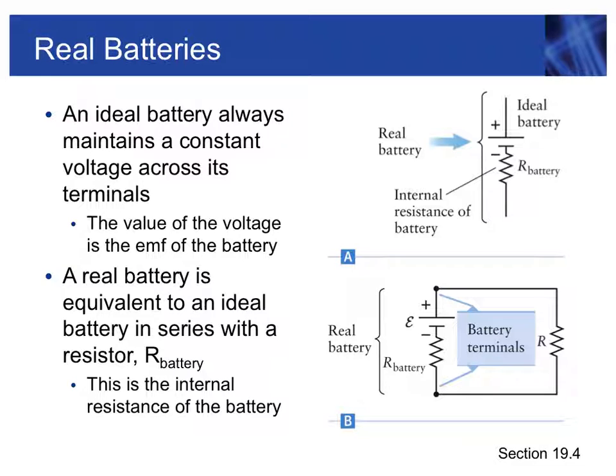That is the resistance of a battery, the internal resistance of the battery. It is easier to solve circuits if we split the real battery into two parts: the EMF, the ideal battery, and then a tiny resistance right next to it, in series with the battery.